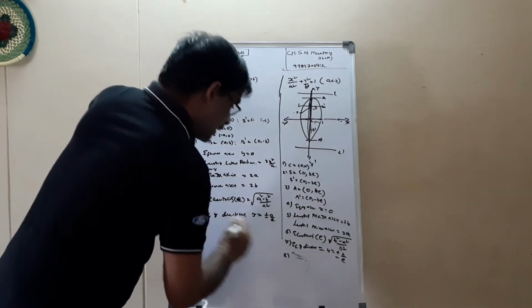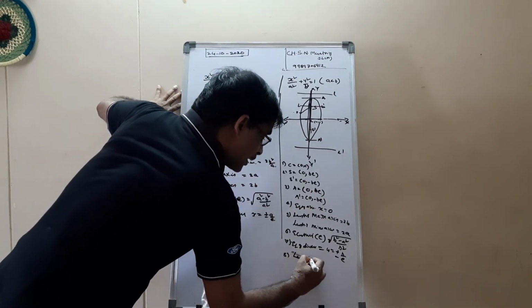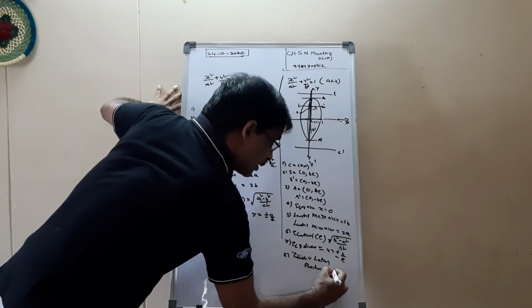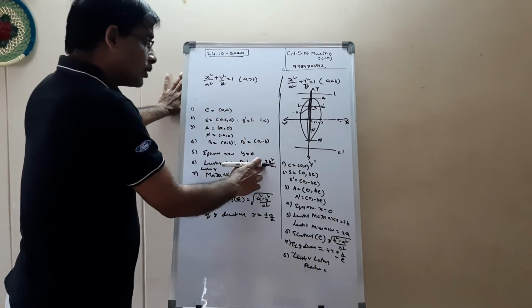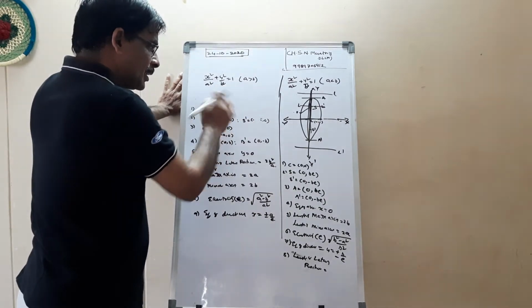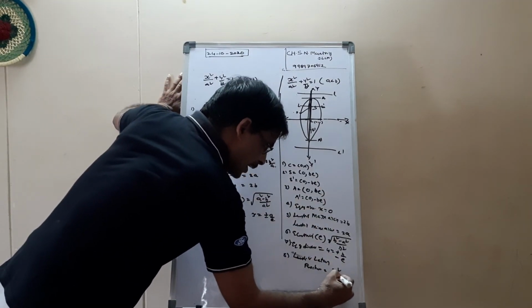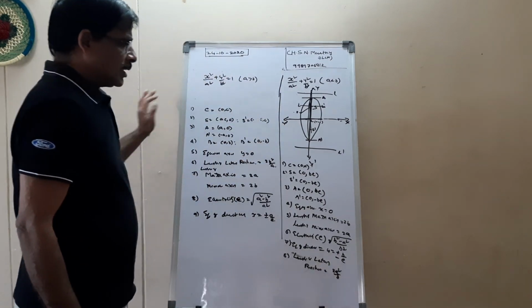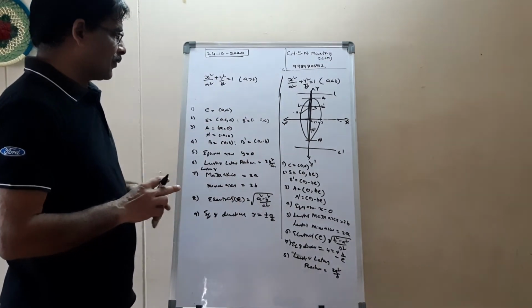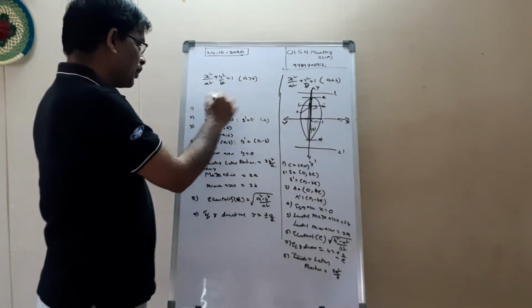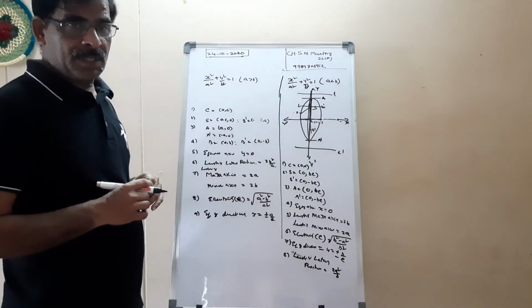Okay, the length of the latus rectum. See, here it is 2b square by a in the first diagram. In this diagram it is 2a square by b. See, these are the information we remember, because these are all important while doing problems in the ellipse.